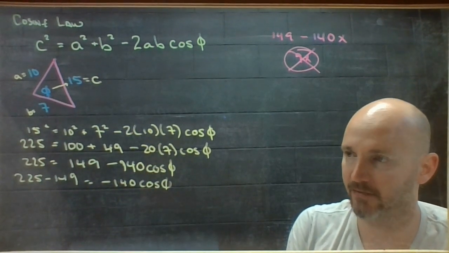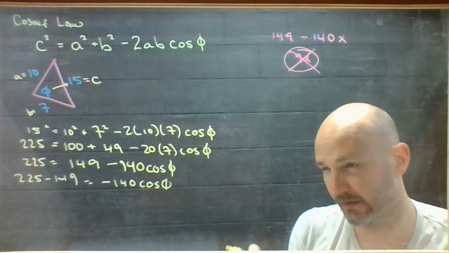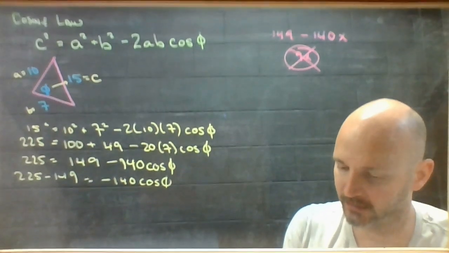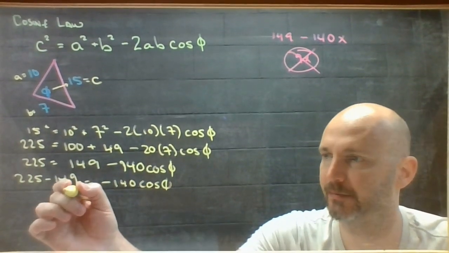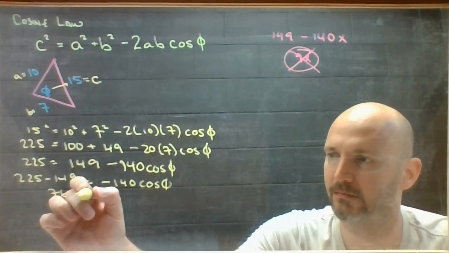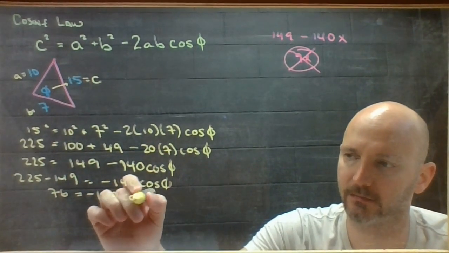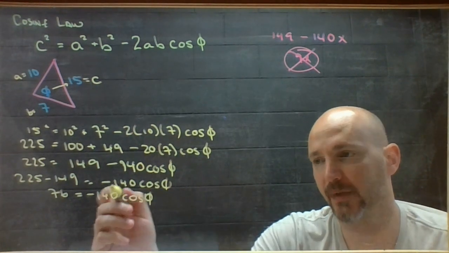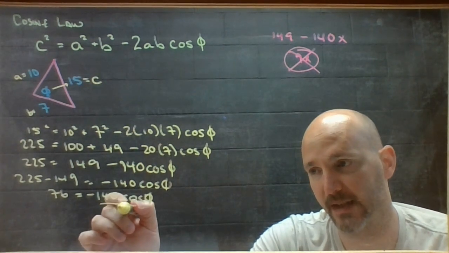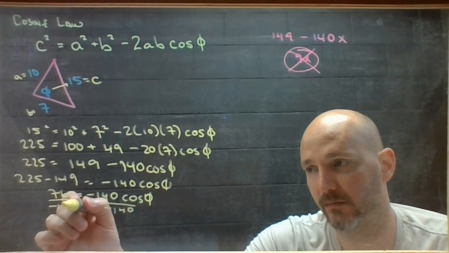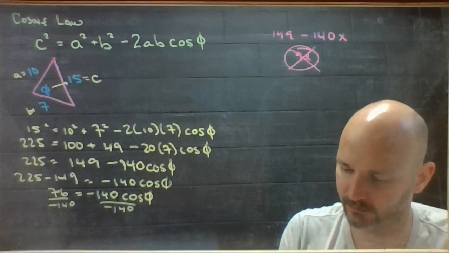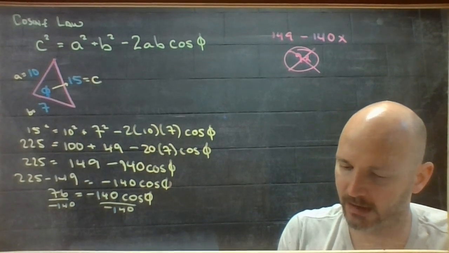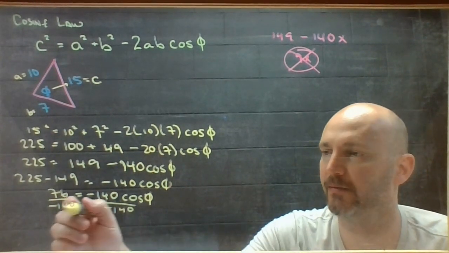And 225 minus 149 should be 76. I'm just going to check that. Okay. And to finish, I need to divide both sides by this negative 140. And I get 0.543.